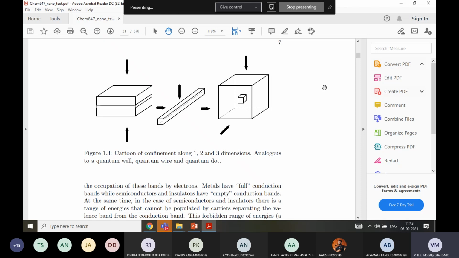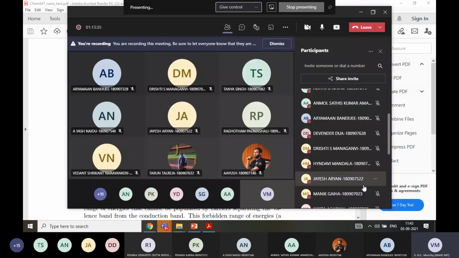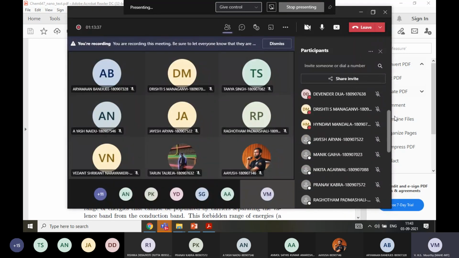Why? Because a nanoparticle is an inherently low-dimensional system exhibiting quantum mechanical behavior. So now, what is meant by that?